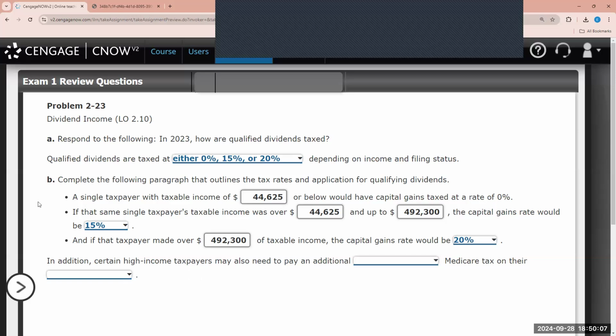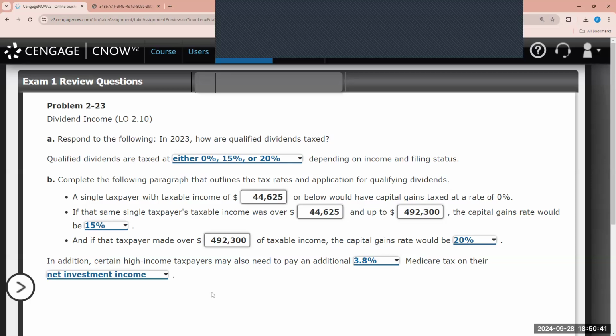So again, the benefit of qualified dividends is they are taxed as long-term capital gains. Single individual, obviously, if you are married filing joint, then it's a bit different. Head of household is a little different. But again, the key thing is that there are 3 ranges, either 0%, 15%, or 20%. And then lastly, it says, in addition, certain high income taxpayers may also need to pay an additional 3.8% Medicare tax on their net investment income.